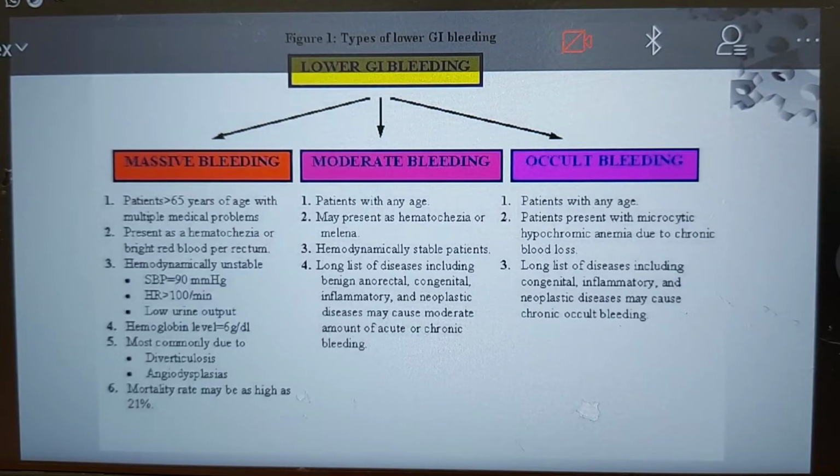When we take the FBP, we will note that the patient has a microcytic hypochromic anemia. This is due to the anemia of chronic bleeding. The causes of occult bleeding can be the same as moderate bleeding, a long list, which can be congenital, inflammatory, or neoplastic disease.